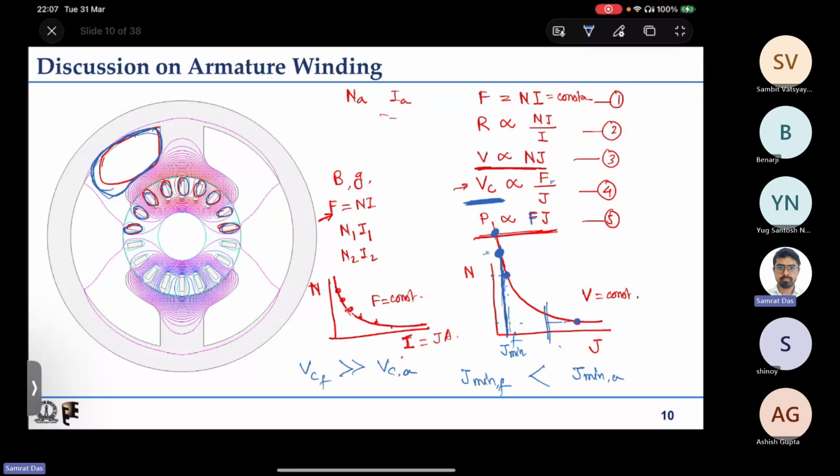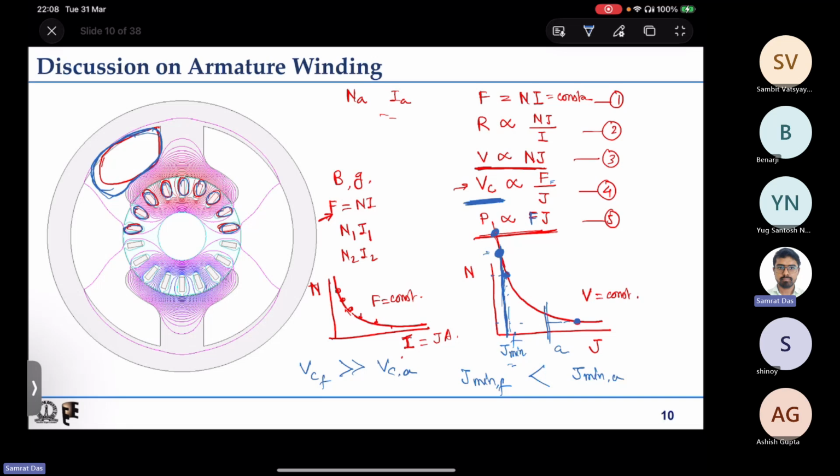This is for field, this is for armature. So J minimum of field, or the J of the field winding, is typically decided because, once we have decided on the machine dimensions, the maximum amount of copper that we can put is fixed, and so that decides the J minimum.